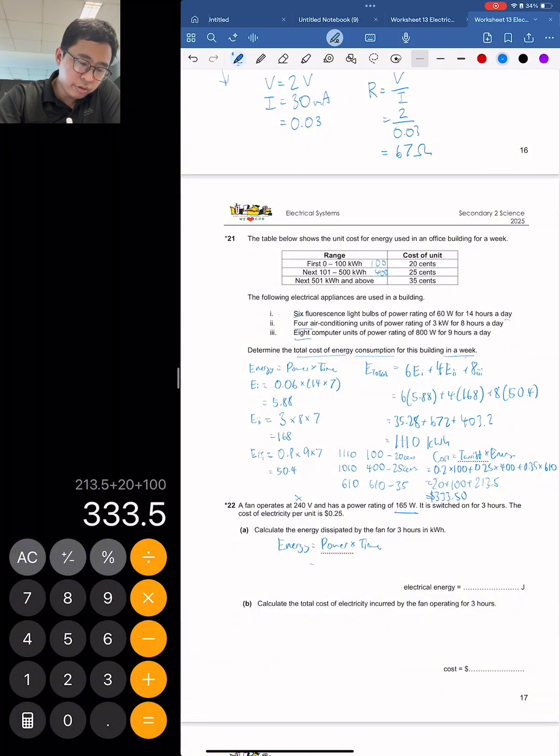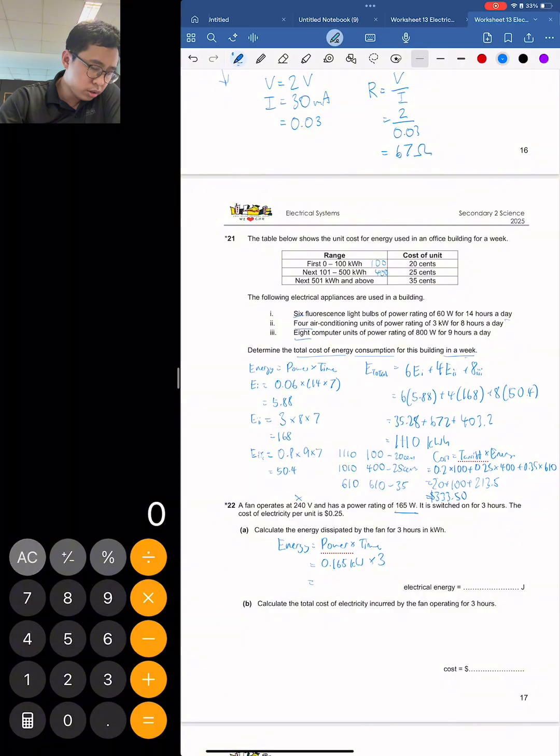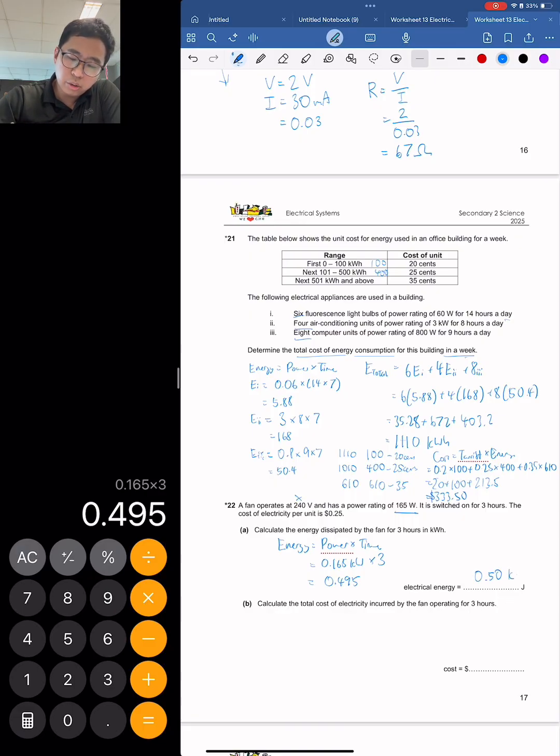So the power is 0.165 kilowatts times 3 hours, the answer is 0.495, which you can also write as 0.50 kilowatt hour. Whether you use 2 or 3 significant figures, both are okay.